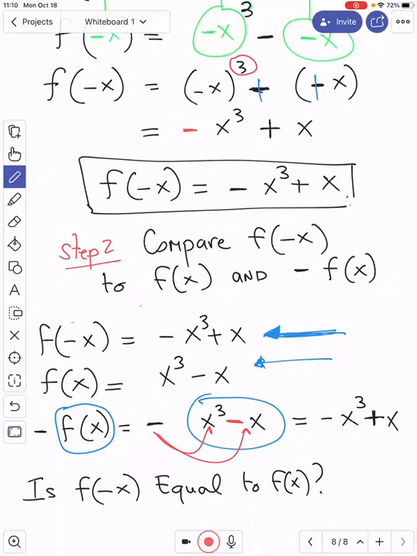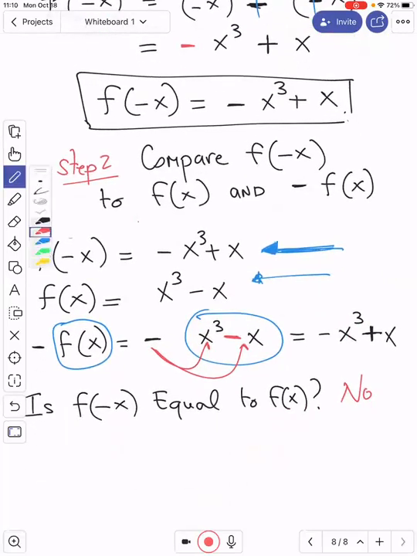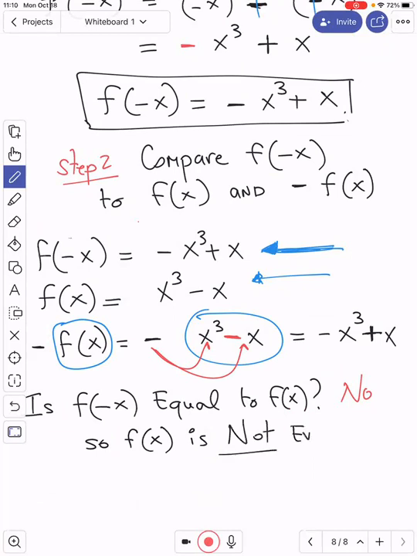So the answer is no, and because the answer is no, it means that f is not even.